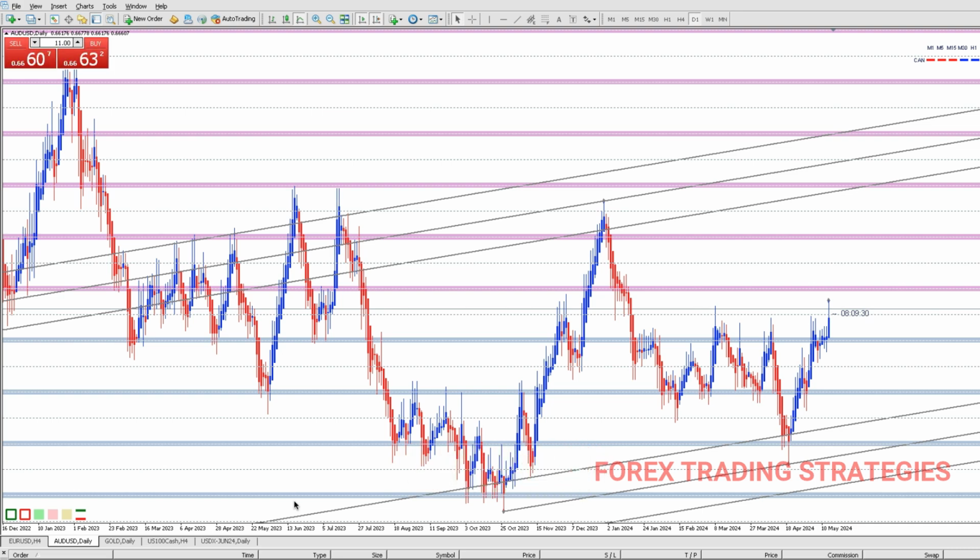Don't just take trades based on gut feeling, and don't just take trades willy-nilly, left, right, and center. Take only high probability trades. The more confirmations you have on a trade, the higher the likelihood that that trade is going to make you money.